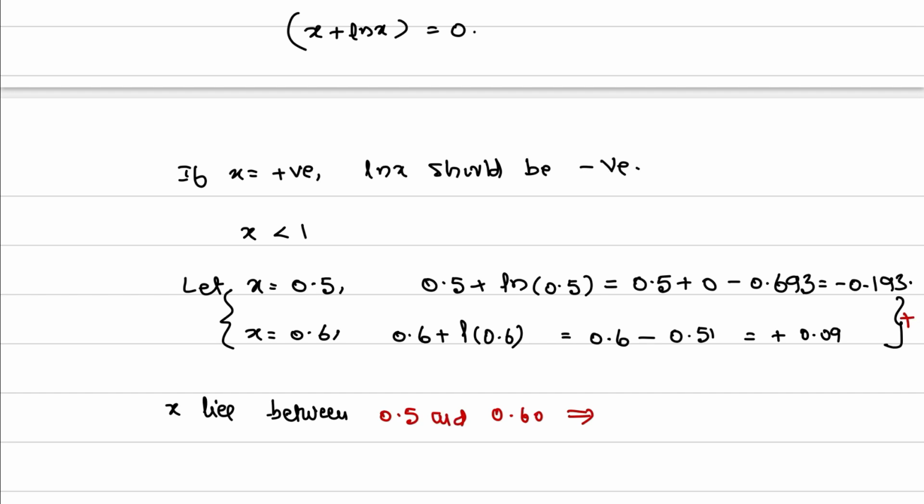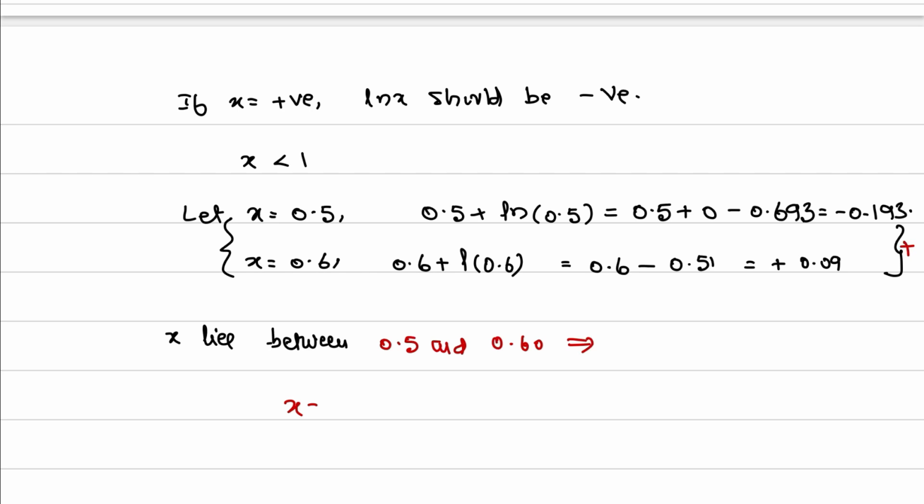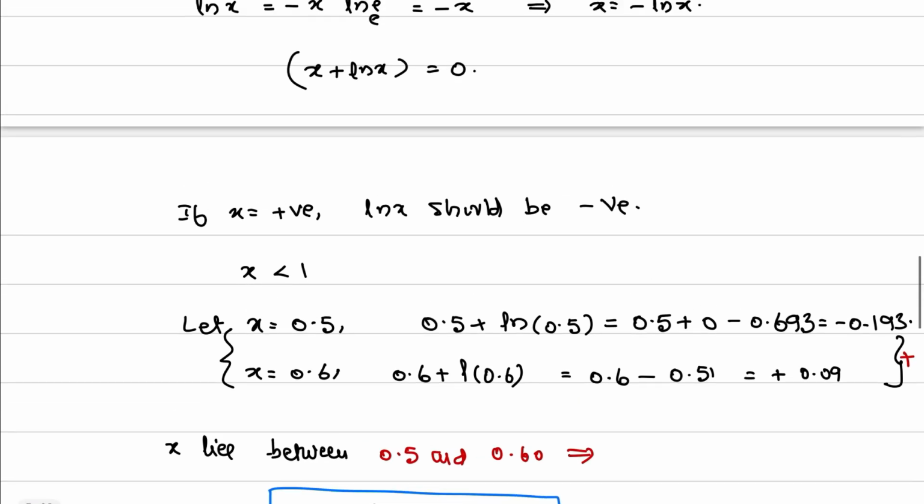Let us say x is equal to 0.55 or 0.56. Let us see. This is the answer. If an online calculator is given in the examination, you can directly solve.